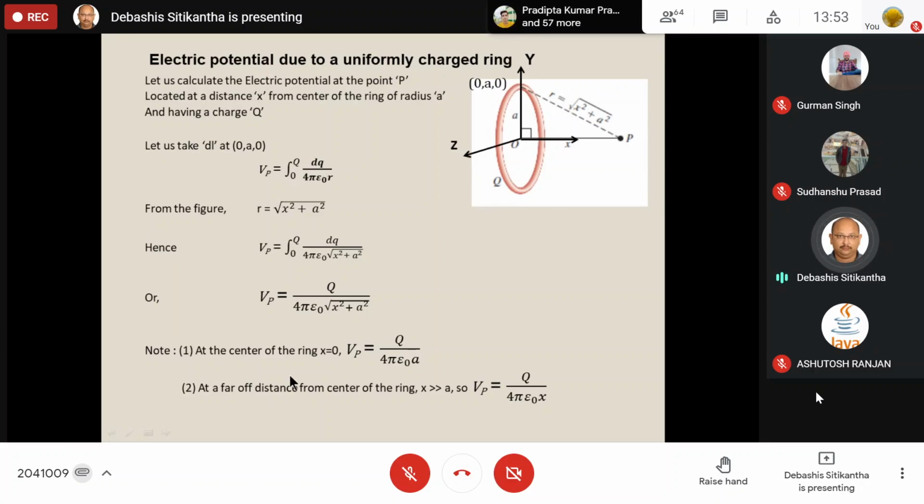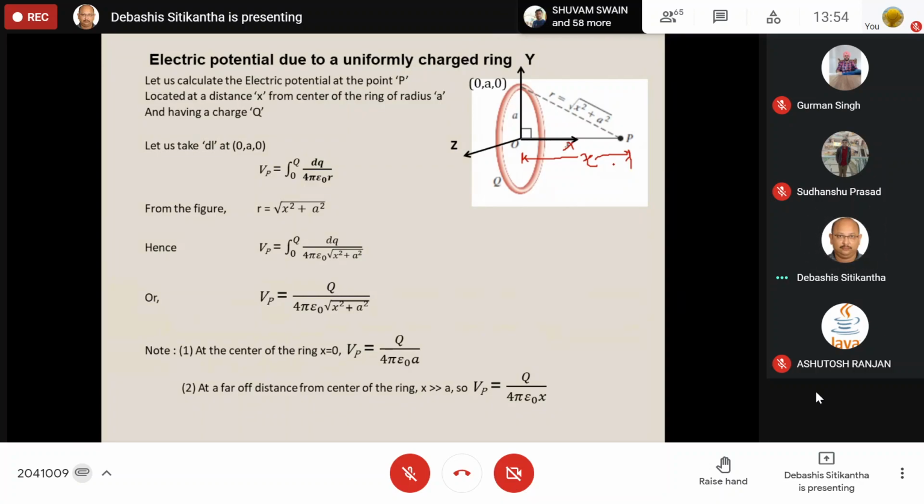The question is very simple. We are supposed to evaluate the electric potential at a point P, located at a distance of small x from the center of the ring. I have given x, y, z as the coordinate axes.